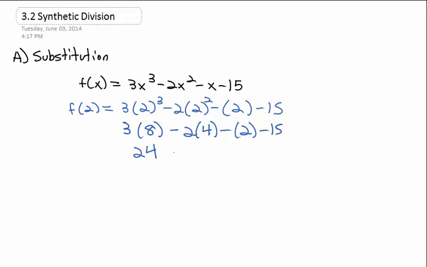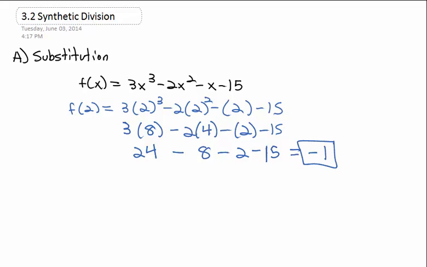Exponents first: 2 cubed is 8, 2 squared is 4. 3 times 8 is 24, minus 8, minus 2, minus 15. Going across, 24 minus 8 is 16, minus 2 is 14, minus 15 is negative 1.